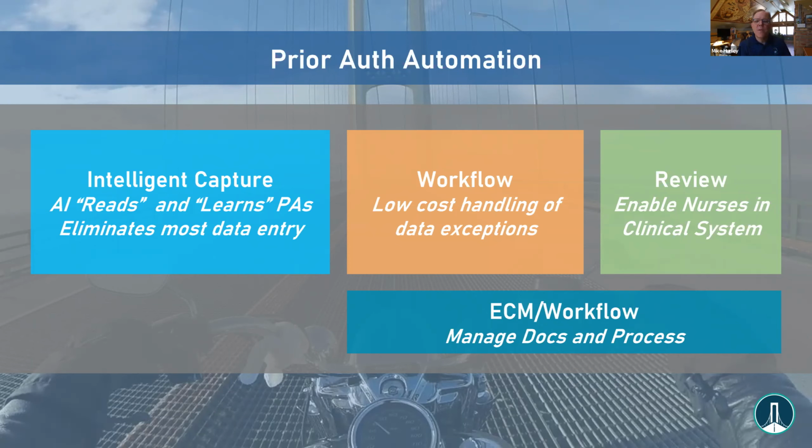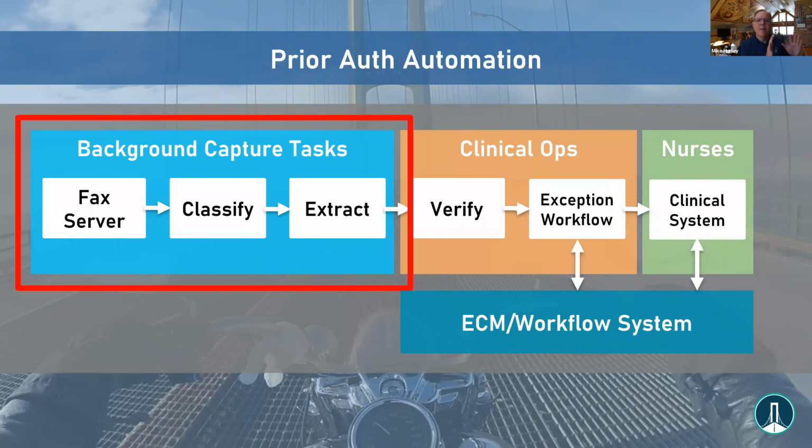We've color-coded it specifically for you today to kind of make sure that you're following along as we're walking down this and thinking of this in terms of your map. And if you look at it in a different way, I'm going to talk about these particular different colored boxes in different ways. But this is the pipeline for our approach to this problem. There's some background capture tasks that happen from the fax coming in and getting classified and extracted.